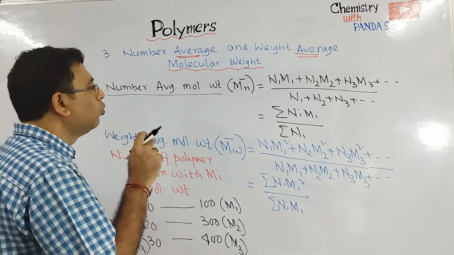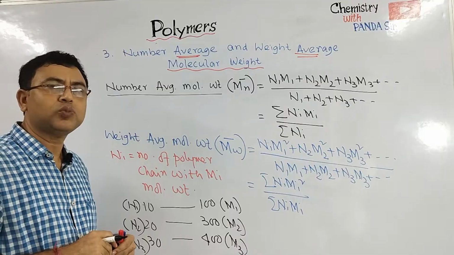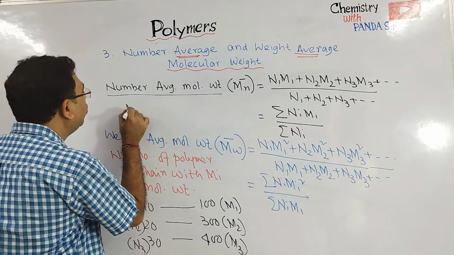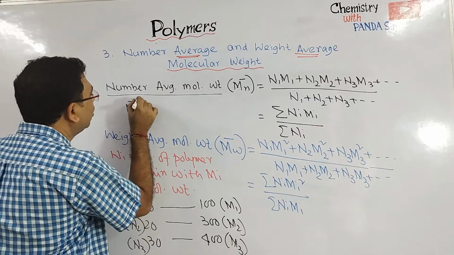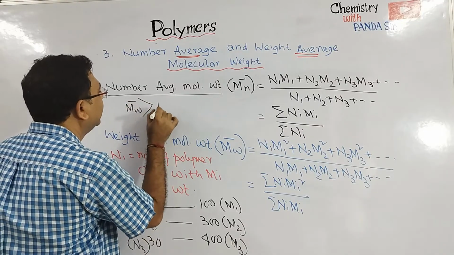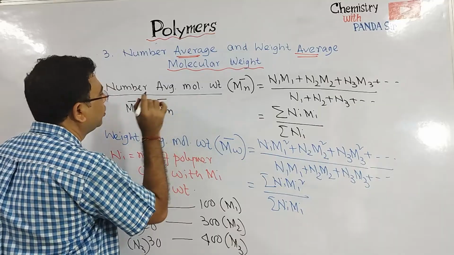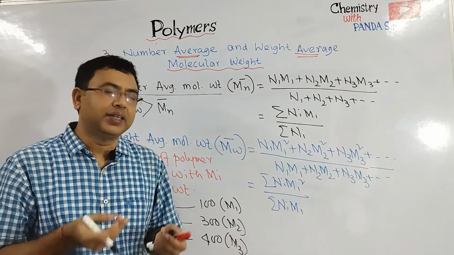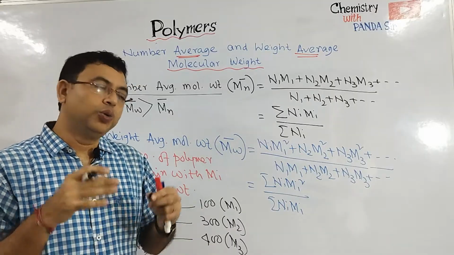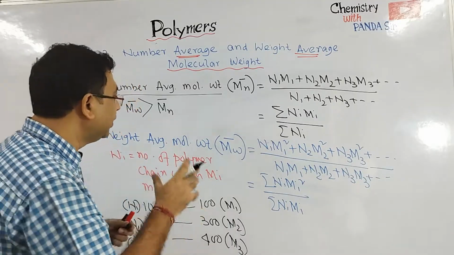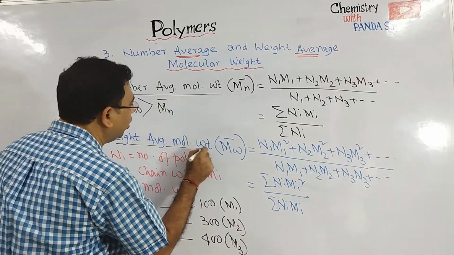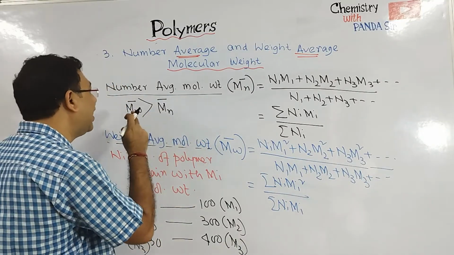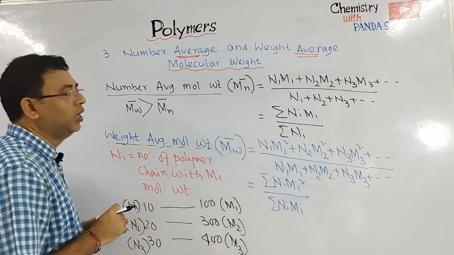But here, one important point we are going to discuss. Always remember, the value of the weight average is always higher than the number average. This is very, very important, because when you calculate the number average and weight average, you always need to be careful that the weight average molecular mass is always higher than the number average molecular mass.